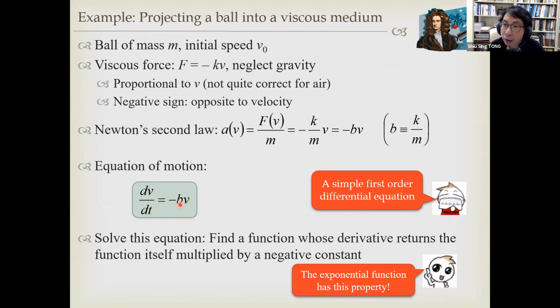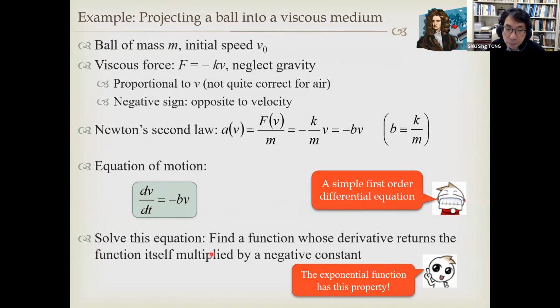Given by a formula, and that formula will eventually give you some number when you put in the constants, right? But for a differential equation, you are not expected to find a number. You are required to find a function. You are required to find the function v as a function of t, in terms of the independent variable t. That is what you want.